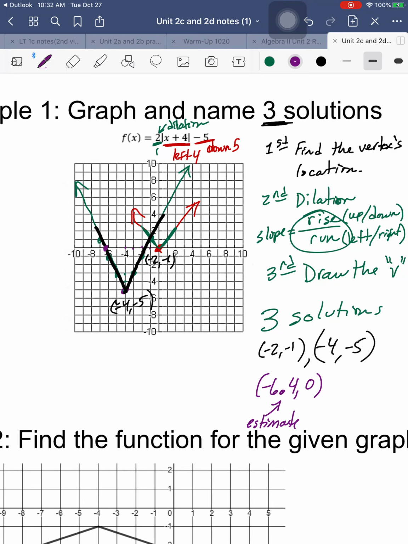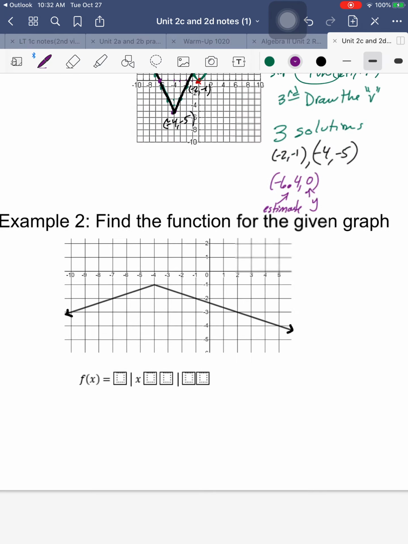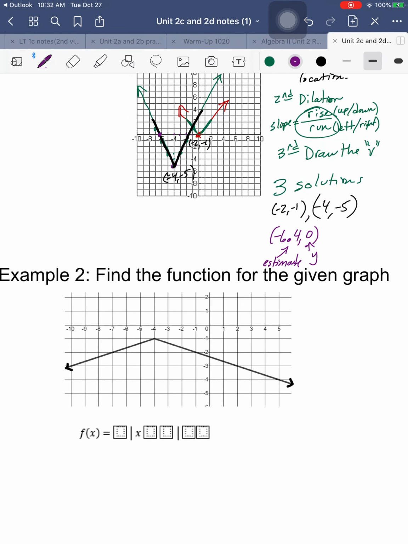We don't really know that point unless we substitute 0 in for the y. So you could substitute 0 in and solve this equation, and then you would actually find what that point is. But I'm just looking at the graph. So there's 3 solutions.